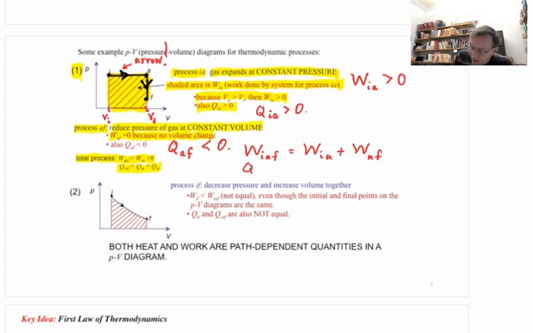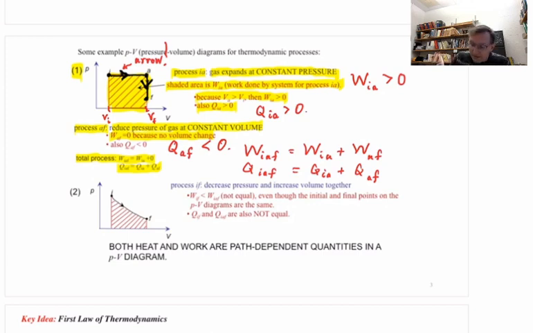And the total energy transfer as heat, QIAF, is the energy transfer as heat for IA plus the energy transfer as heat for AF. Okay, and we've done experiment number 1.